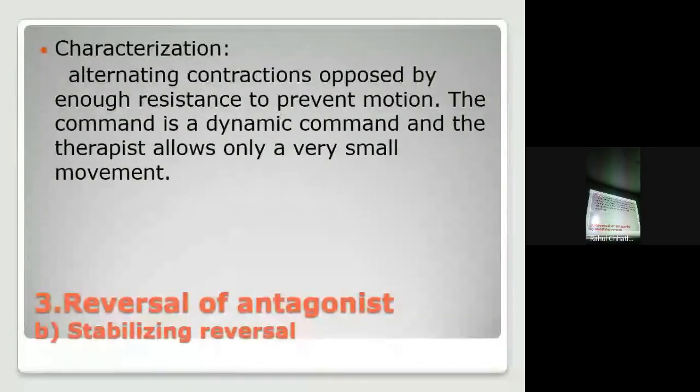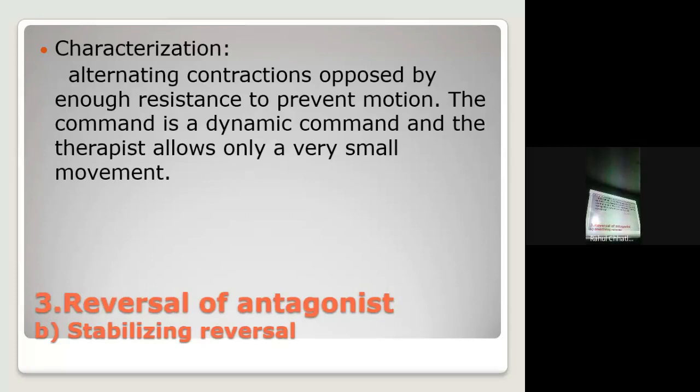Coming to second, stabilizing reversal. There were 3 things. For dynamic, it was full range of motion. For static, stabilizing reversal, it will be limited to 5 to 10 degrees of range of motion. Alternating contraction opposed by enough resistance to prevent the motion, or we can say allow small range of motion.